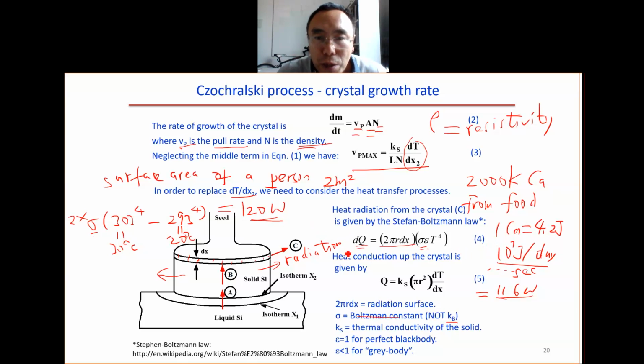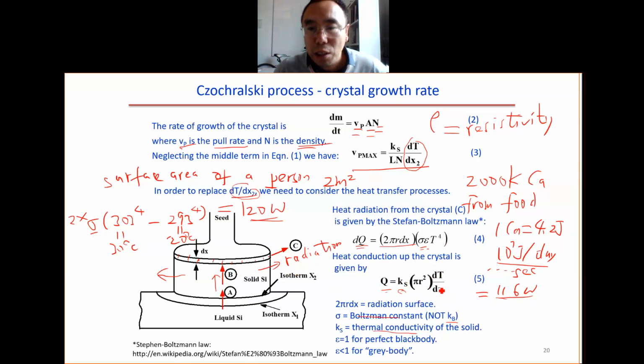Now we have this equation here, and we need to find out dT over dx. Another equation we know is that the heat conduction along the solid is given by Q equals the thermal conductivity of the solid, times pi r squared, the cross-section area, times dT over dx.